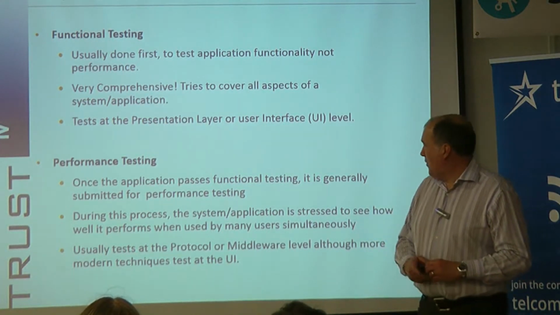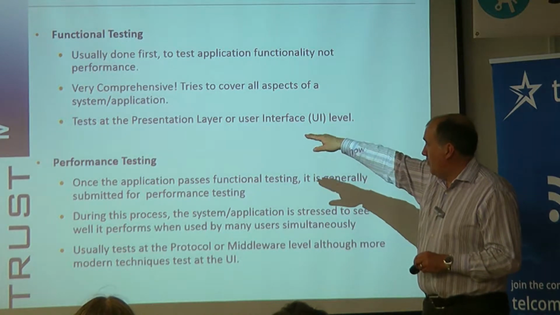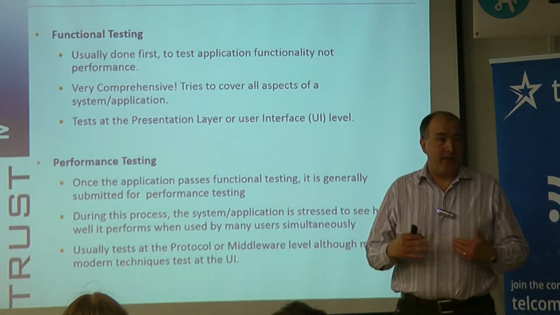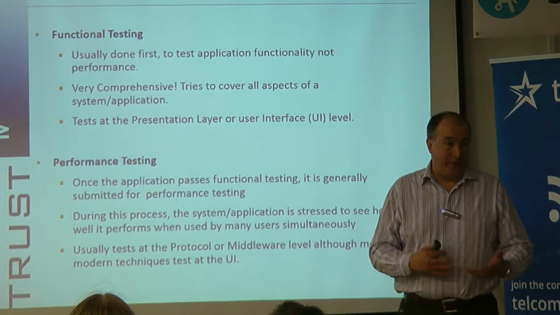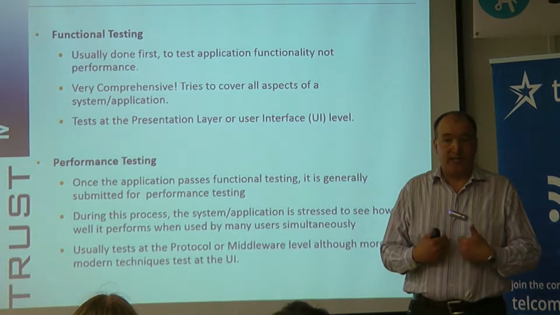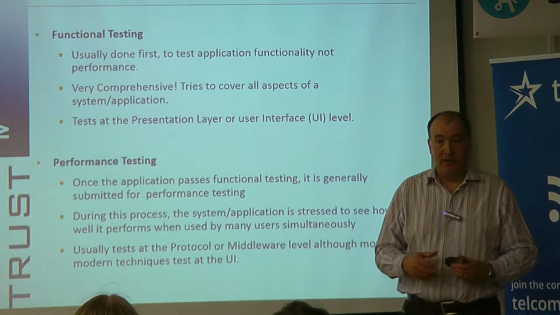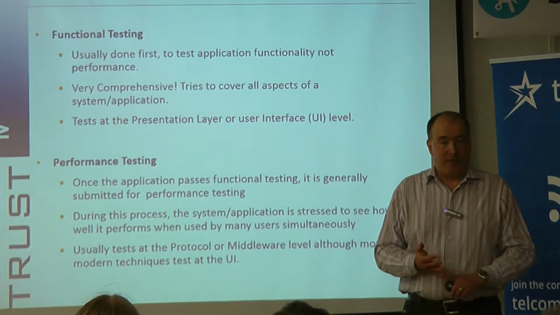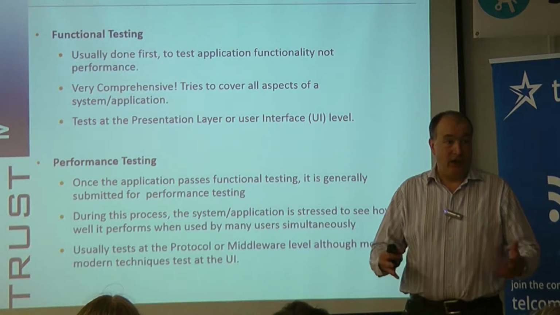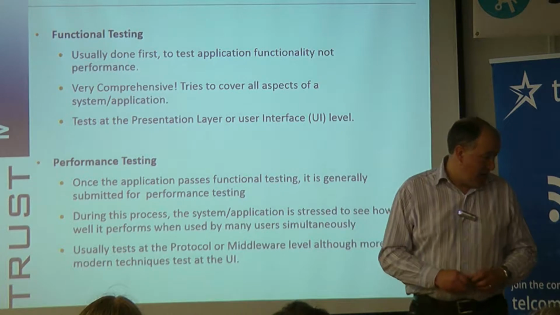A couple of other things on there. The third point under functional and the third point under performance testing is about where you actually do your functional or performance testing. Functional testing is usually testing a user experience. So you need a browser or you need the client application to be installed and working fully so you can test it.